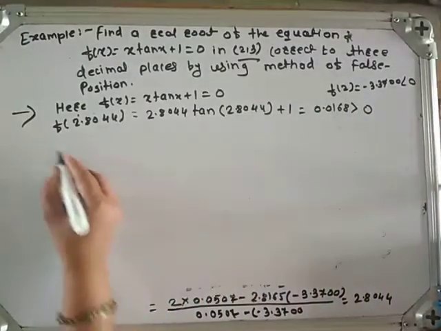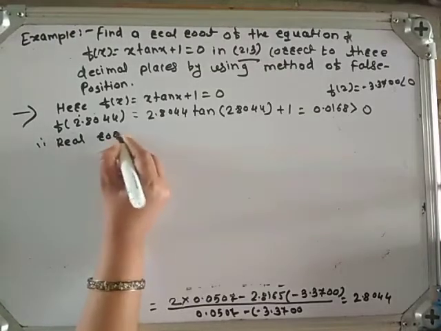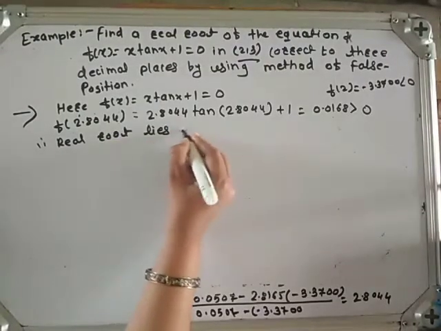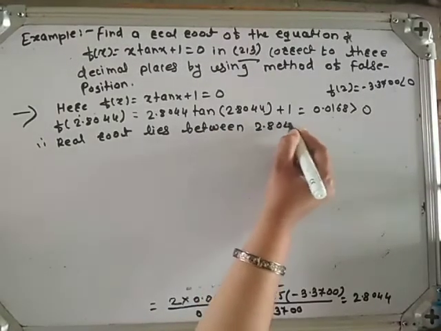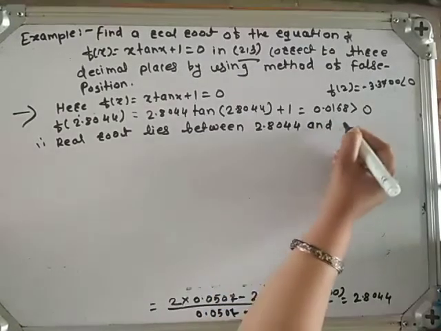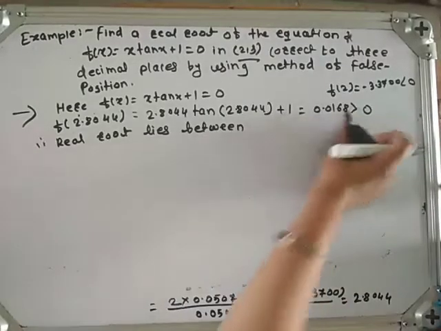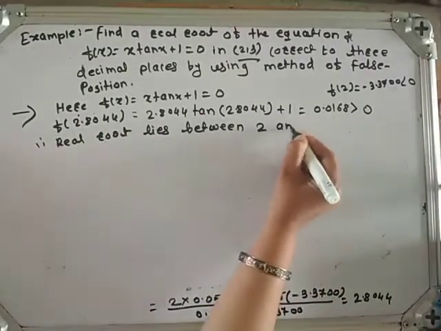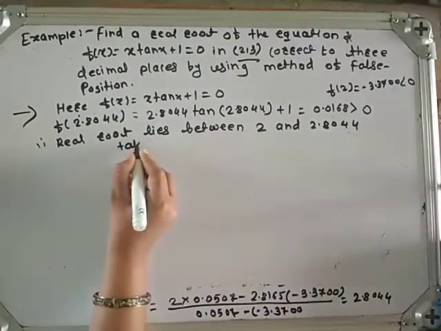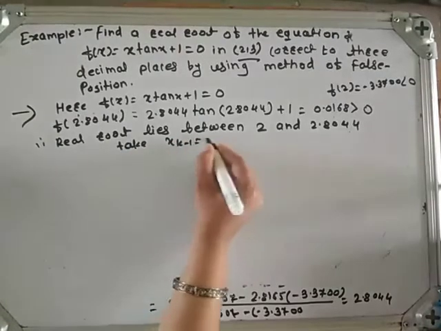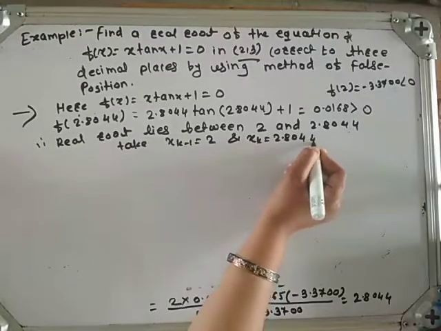Therefore the real root lies between 2 and 2.8044. Take xk minus 1 is equal to 2 and xk is equal to 2.8044.